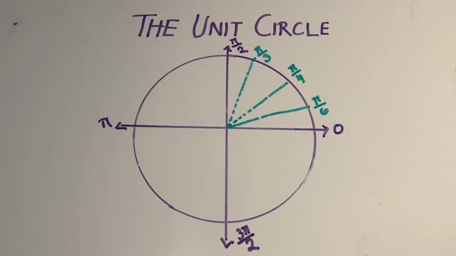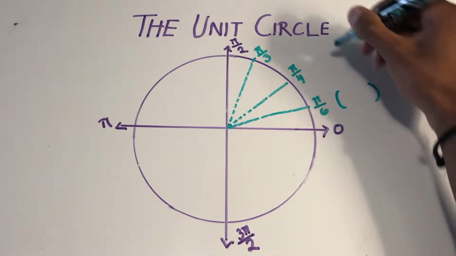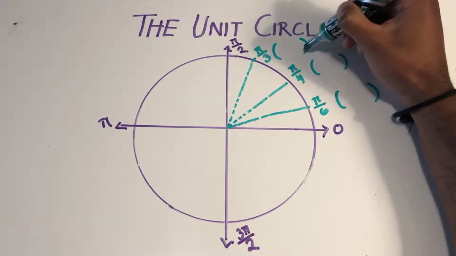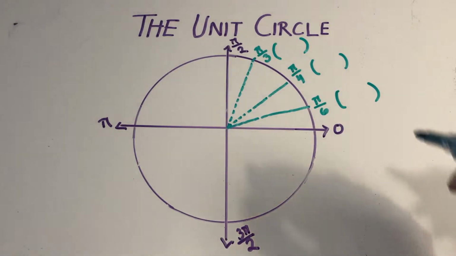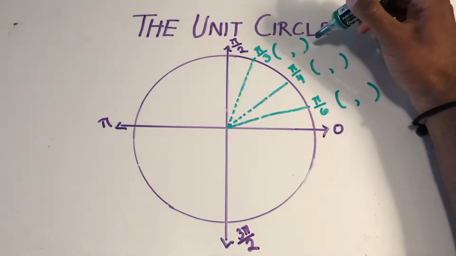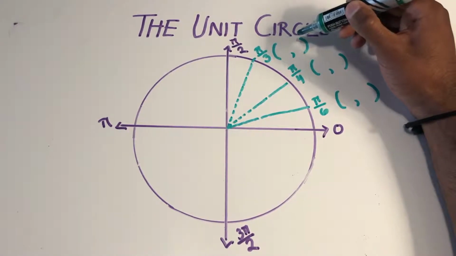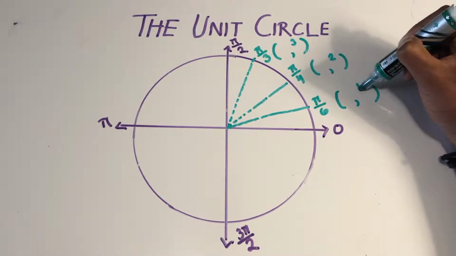Now to find the corresponding ordered pairs for each of these angles, one thing you can do is number out the ordered pairs. For instance, for the y coordinates, we can start with 3, 2, and 1.